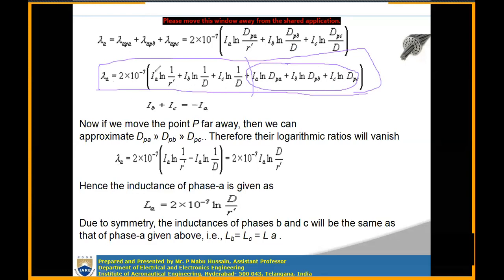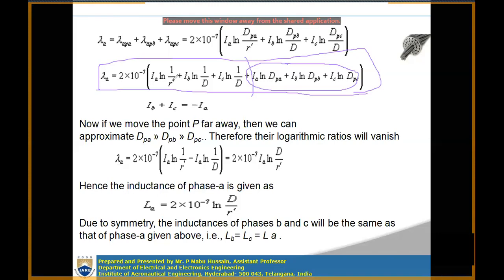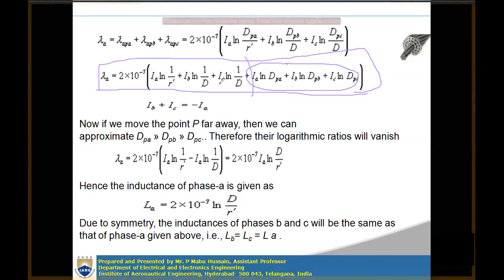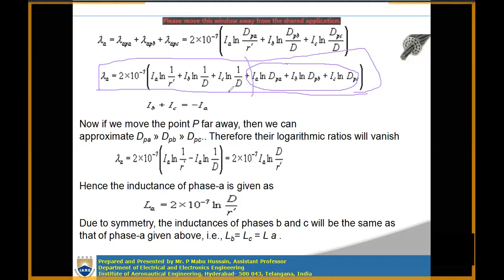2 into 10 power minus 7, current flowing through the conductor A, ln 1 by that conductor's self geometric mean radius, the self distance, you can also say R dash, plus IB ln 1 by the distance from conductor B, which is capital D here, IC ln 1 by the distance from conductor C to A. Okay, so this is the distance from conductor A to B, or this is conductor A to C. As the distances are all the same, this will be taken as capital D when dealing with symmetrical lines, right?